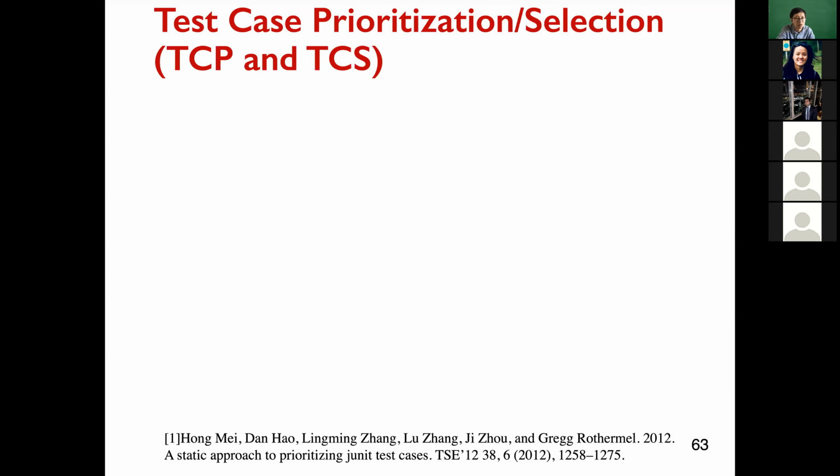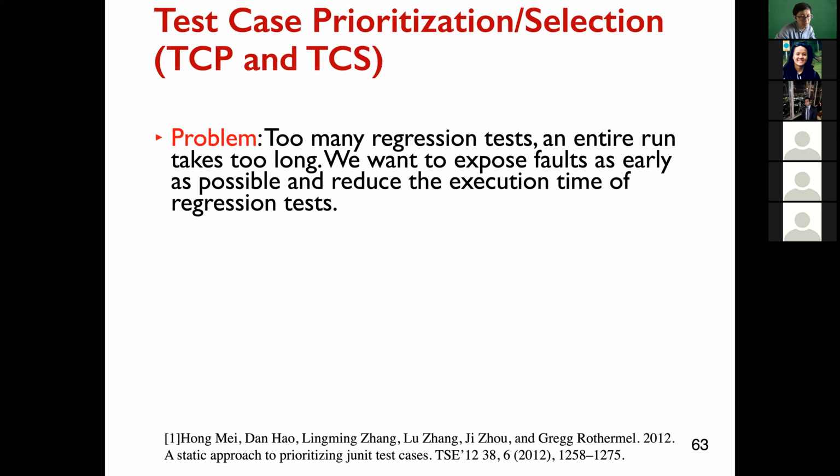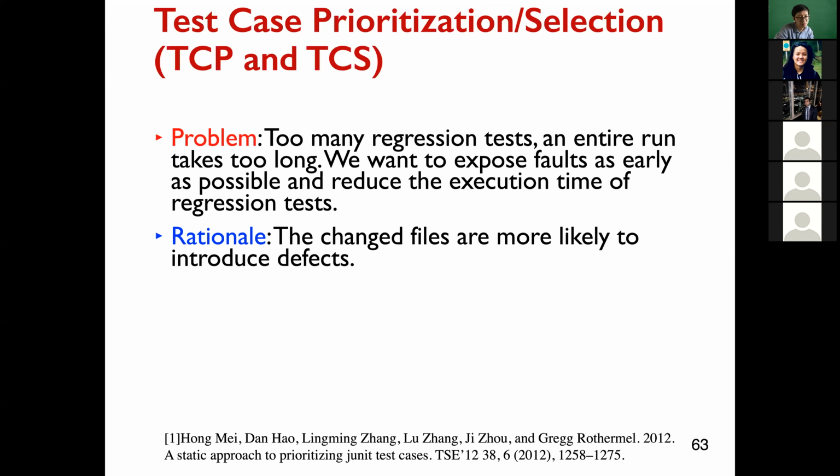The same thing goes for test case selection, which are called TCP and TCS. P for prioritization, S for selection. This is the problem we just mentioned. How can we do this? One rationale is that the changed files are more likely to introduce defects.